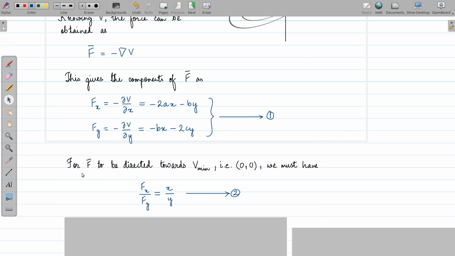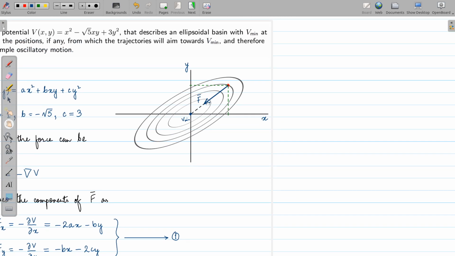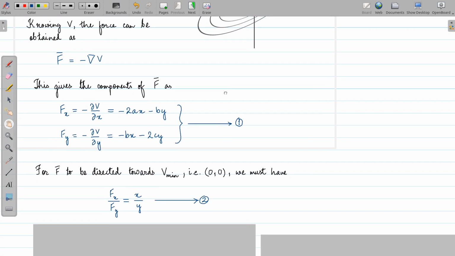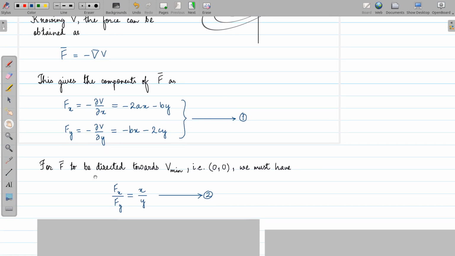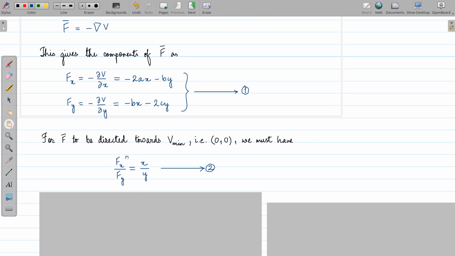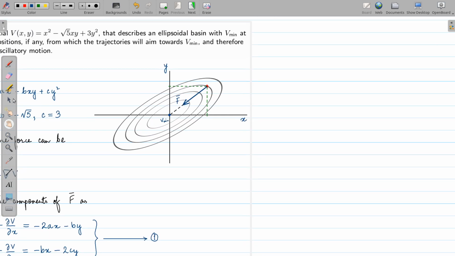Okay, so now I want the force to be directed towards the V minimum. So what is the condition here? If we want this to happen, the condition must be this: Fx by Fy must be equal to x by y. So these two must be proportional, and you can easily see this over here. Let me again zoom in.